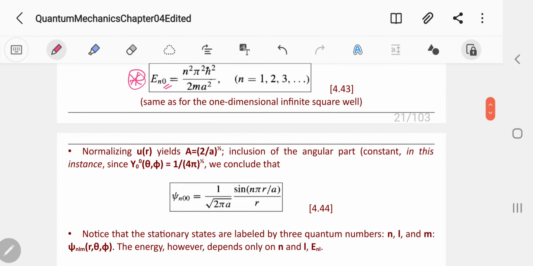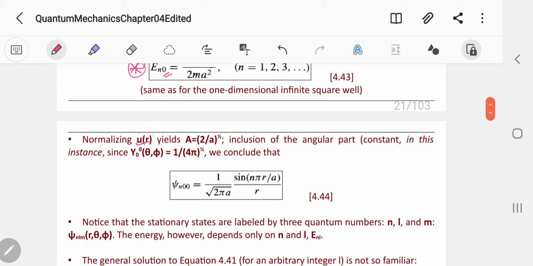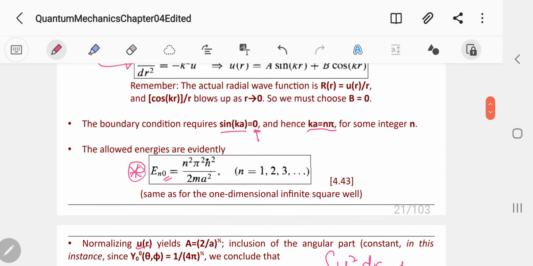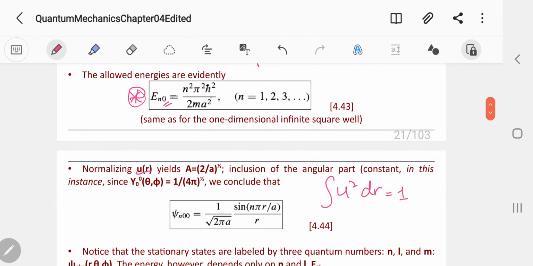So if you normalize your u(r), normalization means the integral of u squared dr is equal to 1, and you will find out that A is just equal to the square root of 2 over a.